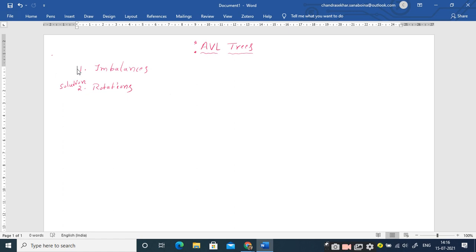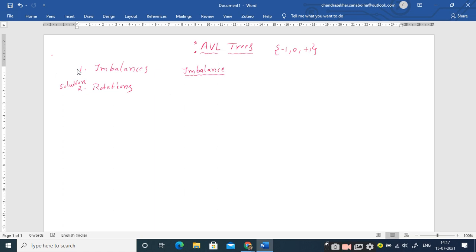Right. So coming to the imbalances, as I told, we can say that the AVL tree is imbalanced whenever the balance factor of any node, you should not consider all the nodes, if at least one node in the AVL tree is not falling within the range of balance factor, which is -1, 0 and +1, we say that the tree is imbalanced.